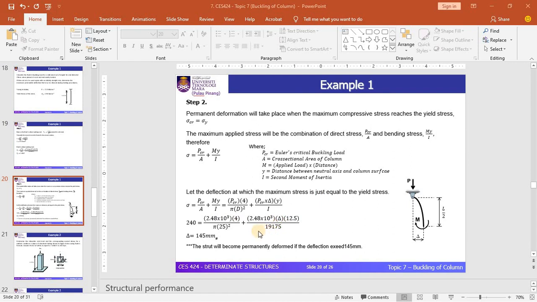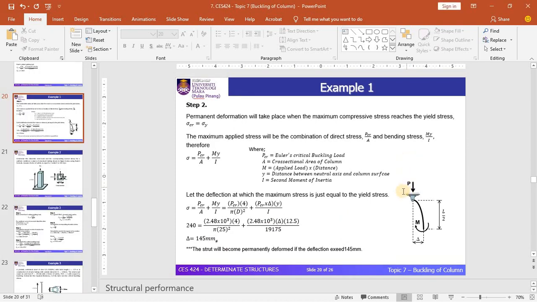By simplifying this equation, you can see that the delta is equal to 145 mm. This value is the maximum deflection that cannot be exceeded. Once this value is exceeded, the column will fail, and permanent displacement of the column will occur.